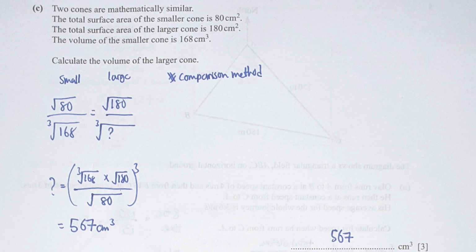So square root of 80 equals cube root of 168 equals square root of 180 over cube root of the large cone volume. So the large cone volume equals cube root of 168 times square root of 180 over square root of 80, and power that results in 3. So after the calculation, you should get your final result as 567.